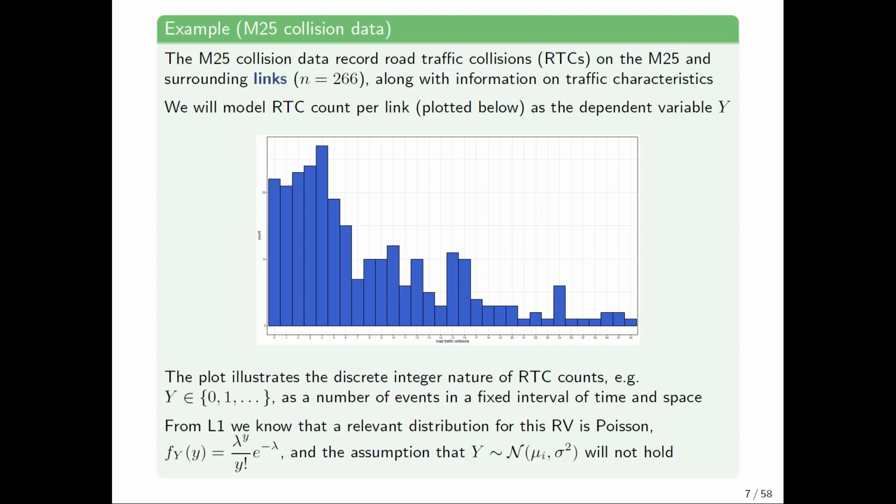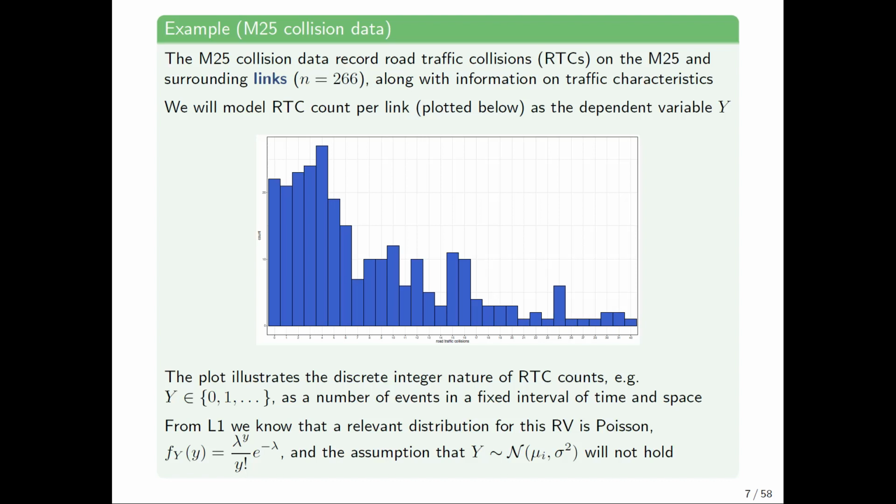So that tells us for each link the number of collisions recorded within a fixed interval of time and space. Now the plot of the dependent variable illustrates that this random variable is discrete and it has an integer nature. It's a count, so it takes non-negative integer values. That is, it tells us the number of events in a fixed interval of time and space.